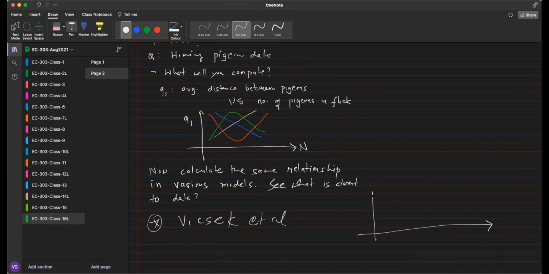If you look at the group polarization, let's call that P, I think we defined this last time, where M is basically the summation of the orientation vectors of all the individuals divided by N in the population. And then if you plot this as a function of density, it makes the following prediction.